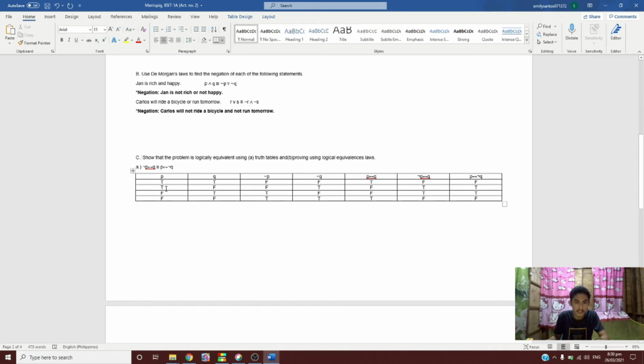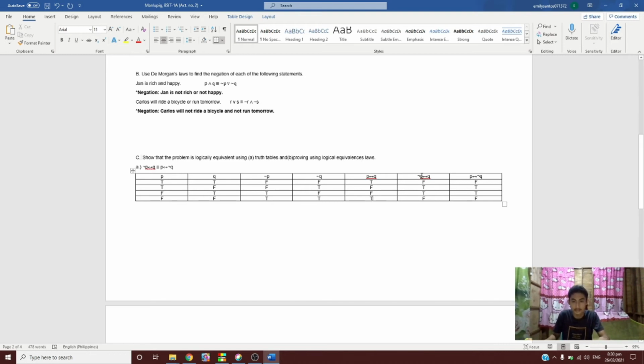Next is T and F. They are not the same value, so it is equal to F. Next, F and T equals F, and F and F is equal to T, because the biconditional states "if and only if." They are both false, so it is equal to T.